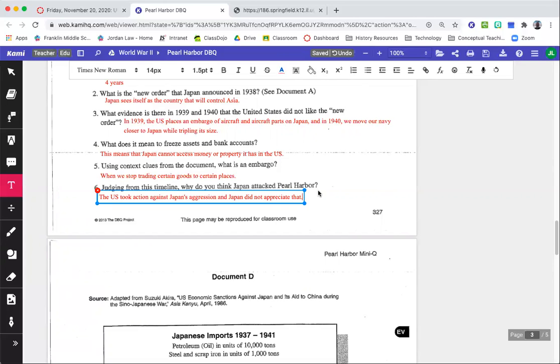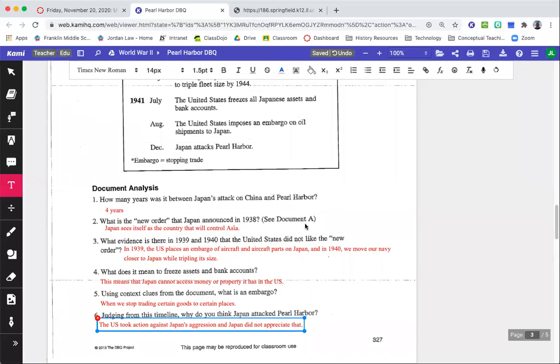Okay? They were worried that, well, the United States is trying to stop us from doing what we want. So if we can take them out, if we can take out that navy that they have, then there's no one left to stop us. Okay? Then we can make sure that our new order plans are carried out.